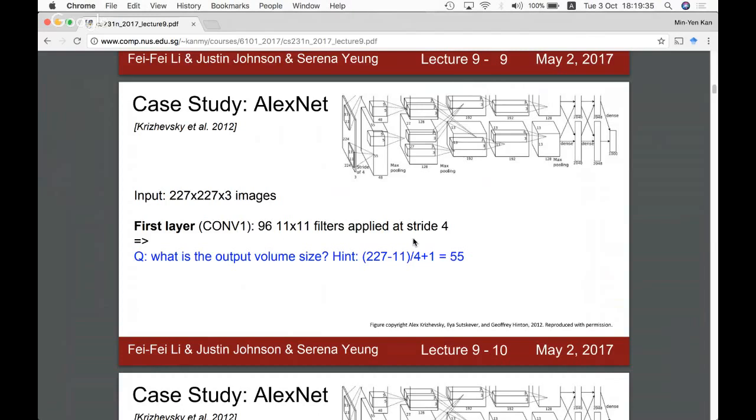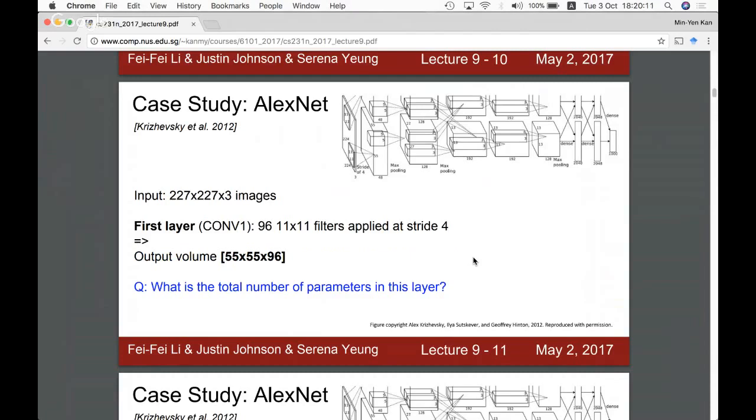The convolutional filter is applied to the input image, and the output size can be computed with this formula: the size of the input image minus the size of the filter, over the stride, plus 1. So the output of the first convolutional layer is 55.